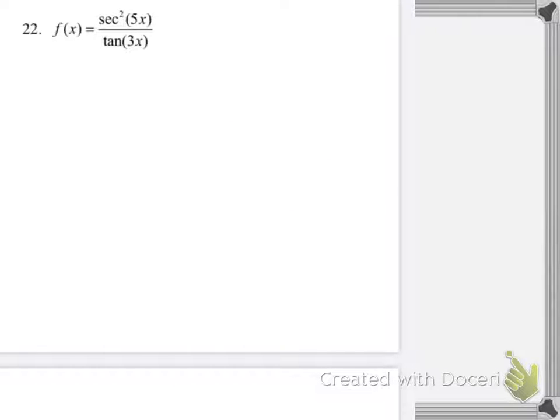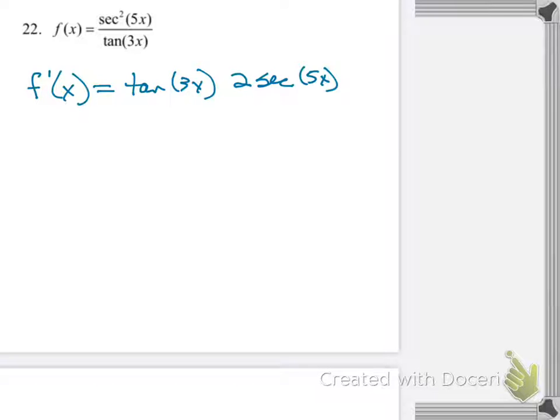Okay, in 22, I'm going to say f prime x. It's a quotient rule, so it's going to be low d high. So be very careful. You're going to first do the power rule, which means bring the 2 down, secant 5x. Now take the derivative of secant 5x, and the derivative of secant 5x is secant 5x times tan 5x, and then the derivative of the angle is times 5.